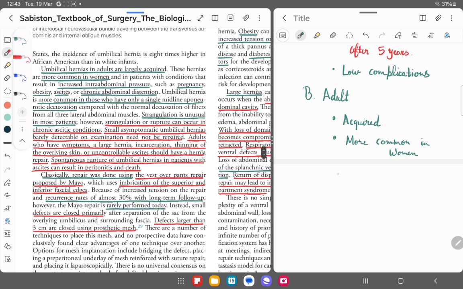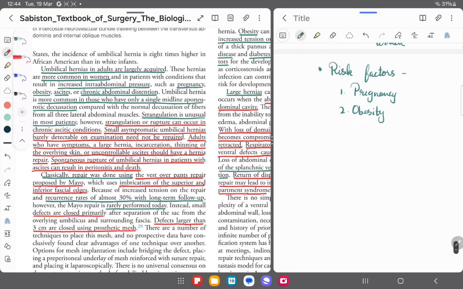So why do they occur? The risk factors would be, number 1, increased intra-abdominal pressure such as pregnancy, obesity, ascites.